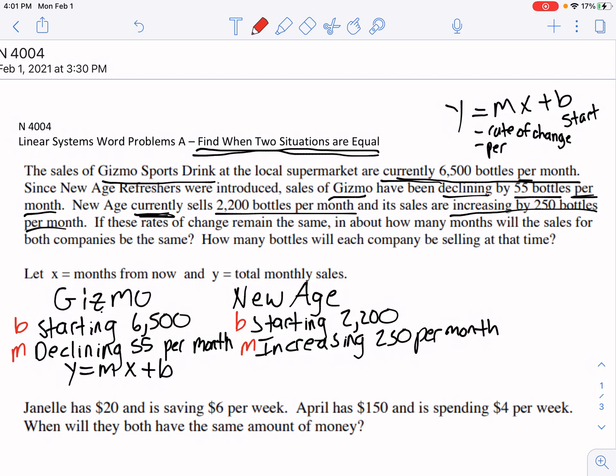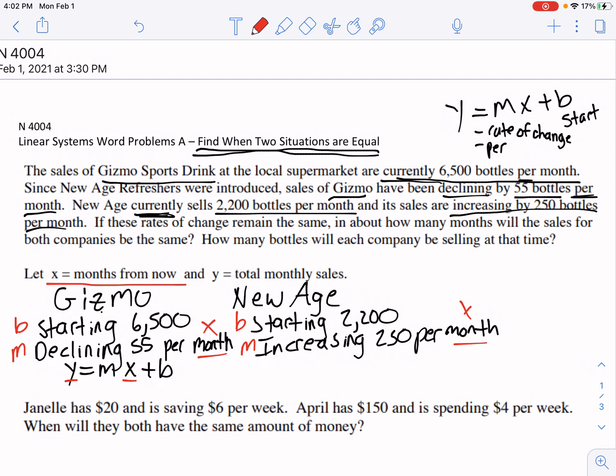So that's going to be our m and b, but what do the y and the x really represent in our y equals mx plus b? If we're looking at this right, b being what we start with, that's the starting number of bottles, m being how much we're gaining or losing per month. The month there tells us what x is going to be. Remember we talked about before, whatever follows the keyword per, that's going to be our x value. So we can let x be the number of months from now.